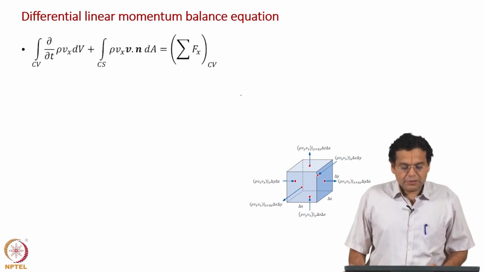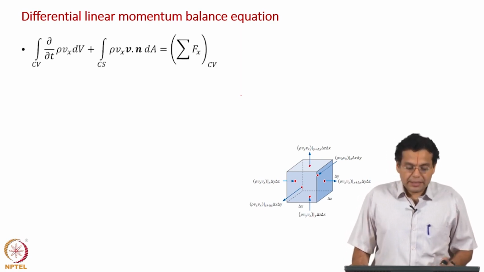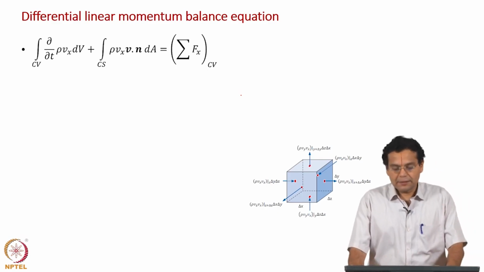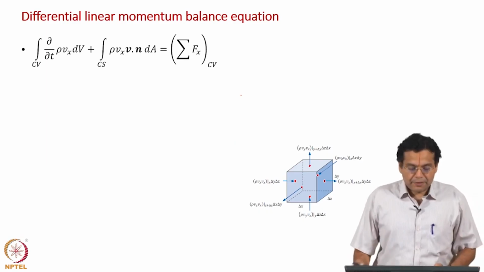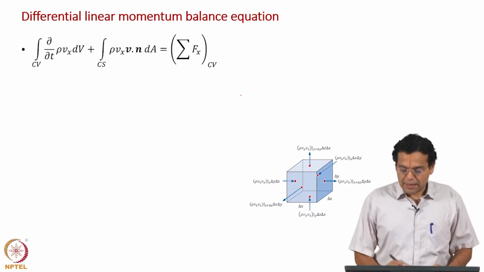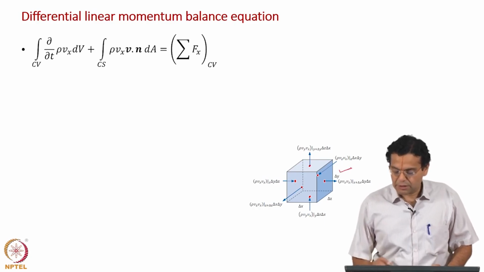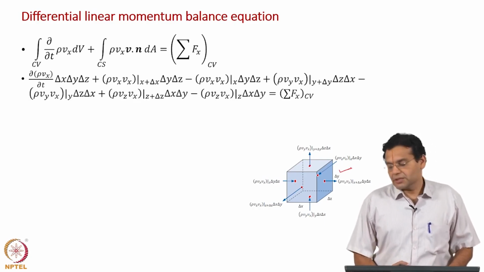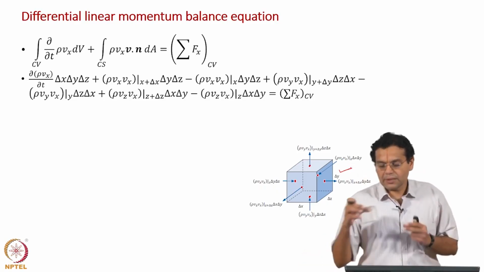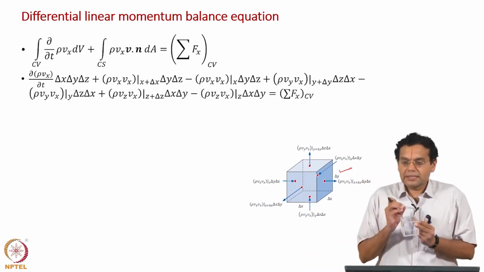So first we started with the integral momentum balance, and then we applied this integral momentum balance for this small control volume. When I say small control volume, a control volume like this, of course very small, inside the domain.